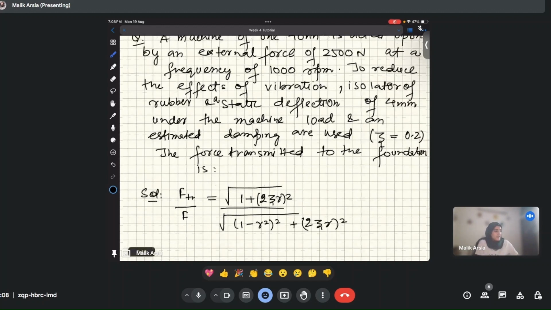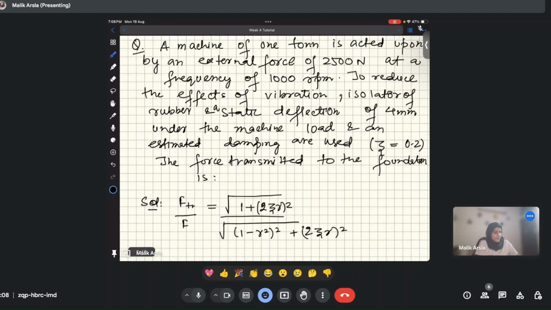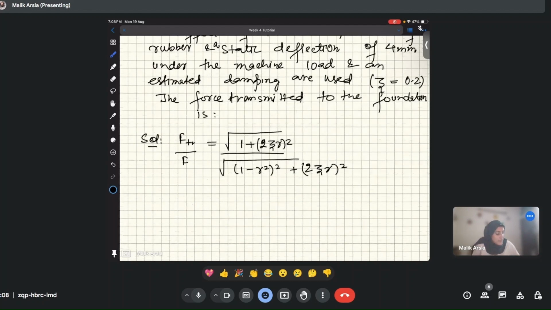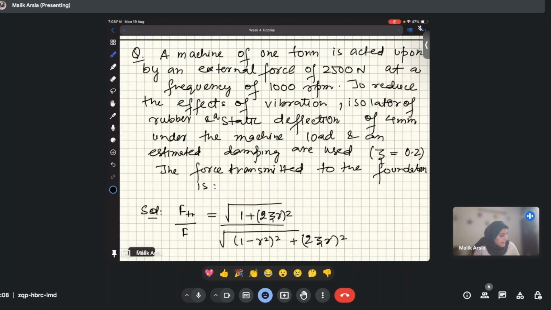Now here in the question zeta has been given, so we need to find r. We know r is omega upon omega n. So now we find omega.